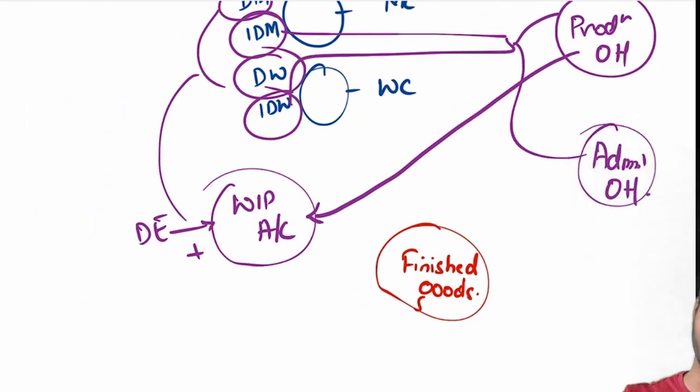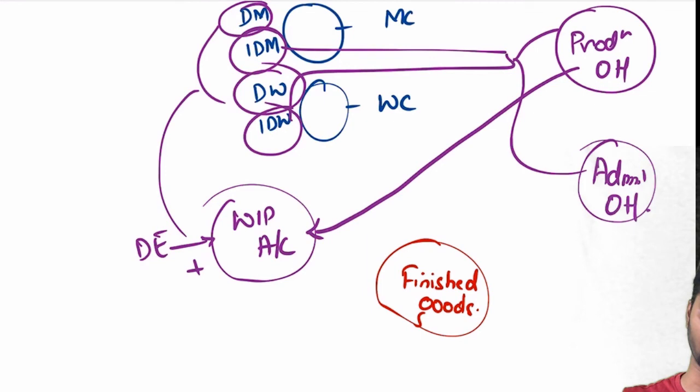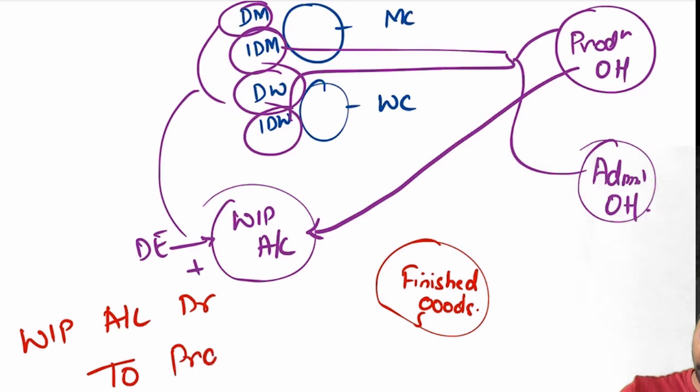When I say overheads are absorbed by the production department, that means the receiving department will be WIP account debit to production overheads.